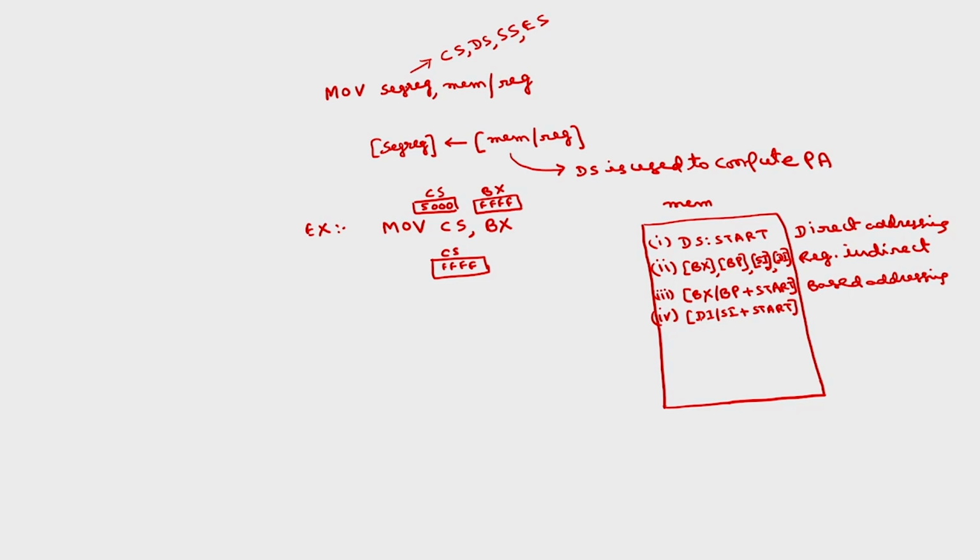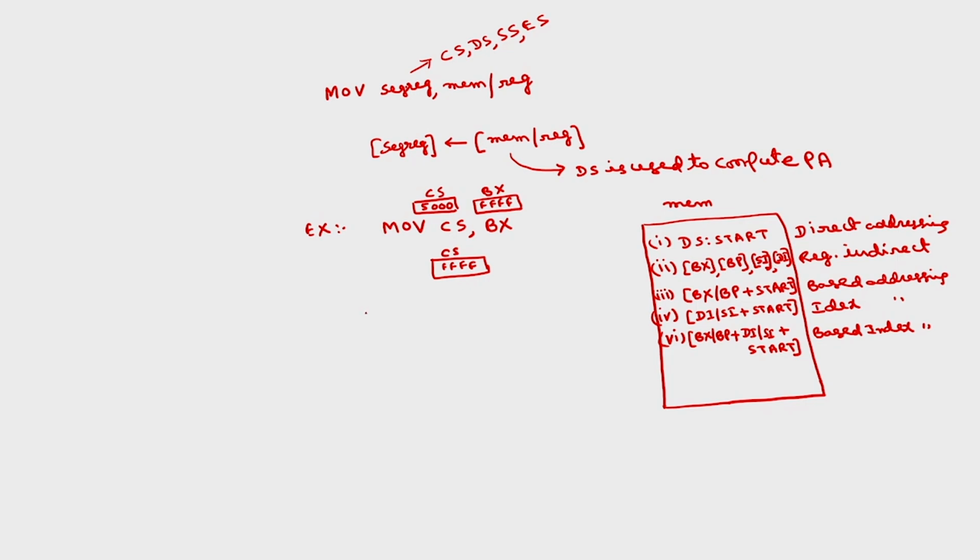Through assembler directives the user can define the value of start. Next one is base index, with the base register as well as the index register: BX or BP plus SI or DI plus start. So there are different ways to specify the memory. Wherever the memory comes throughout this instruction set, that memory refers to one of these combinations.